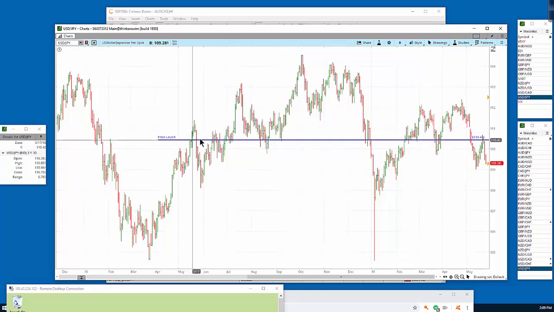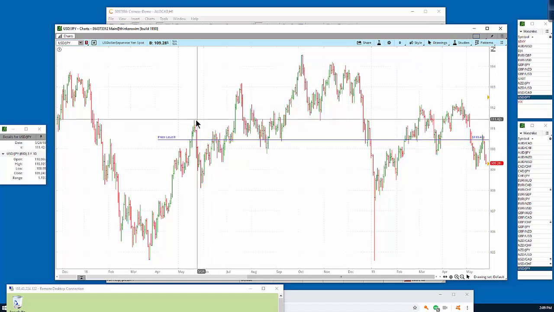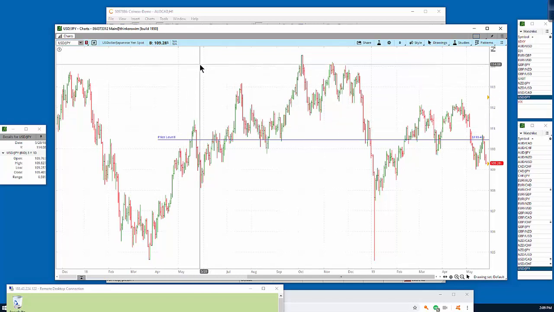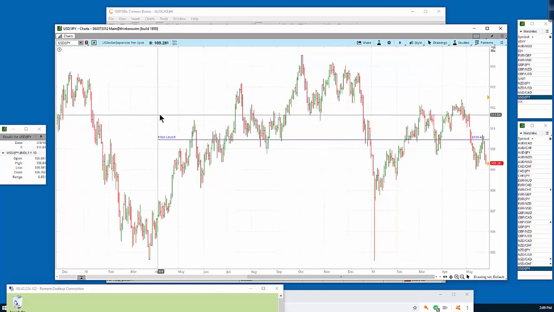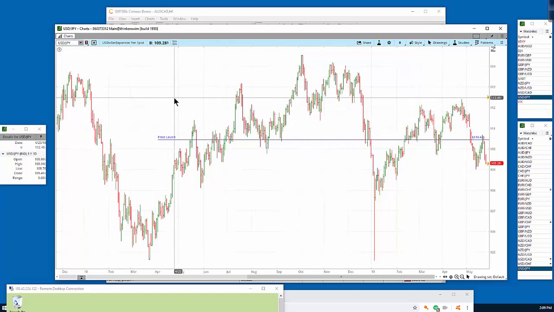But never let a good trade go bad. Add a profit stop. Keep your profit target out there wherever you want it to be. But as your trade continues to get more and more profitable, keep moving your profit stop up to protect more and more of the profit in the trade. Okay?